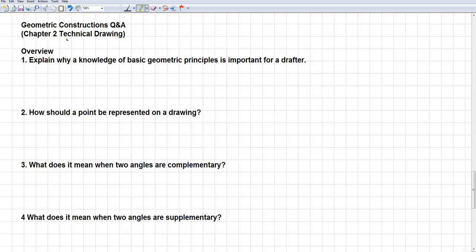For example, if you're on the site and the client or the contractor asks you, hey, I don't understand what this is, can you just sketch it out for me? And you don't have access to a computer there, so you have to sketch really quickly and show it to him right then and there. So that's where it's important to understand how to draw some basic geometric shapes, right?